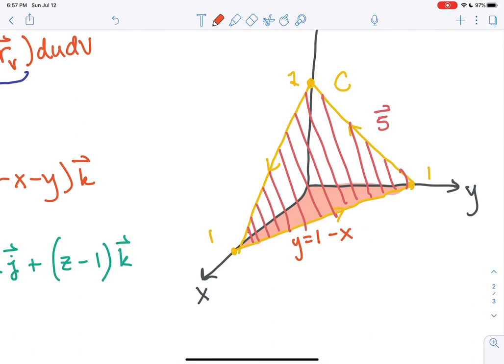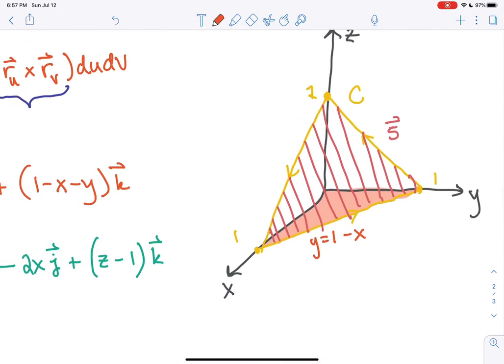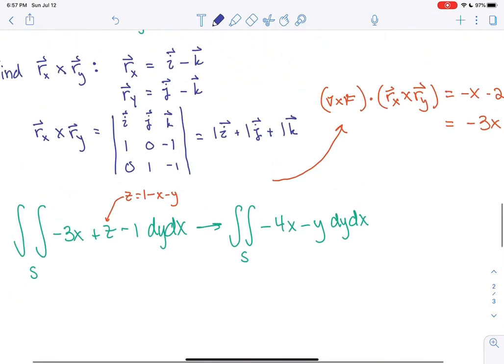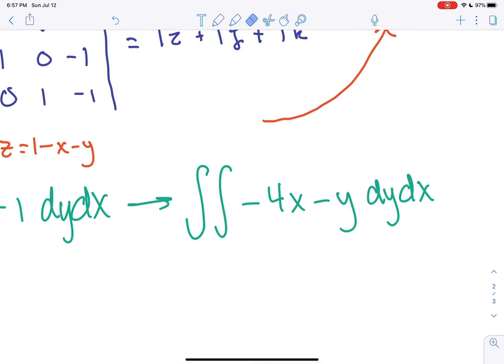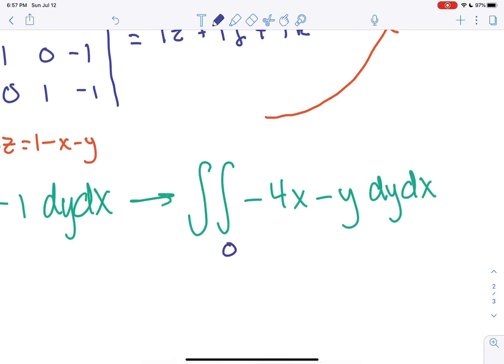So if we go in the y direction first, we'll just go from y equals 0 to y equals 1 minus x. And then in the x direction, we'll just go from 0 to 1. So that's pretty easy. So let me plug those in here. So we'll get from y equals 0 to y equals 1 minus x, and then from x equals 0 to x equals 1. And let me just put some brackets around here so it's all grouped together.